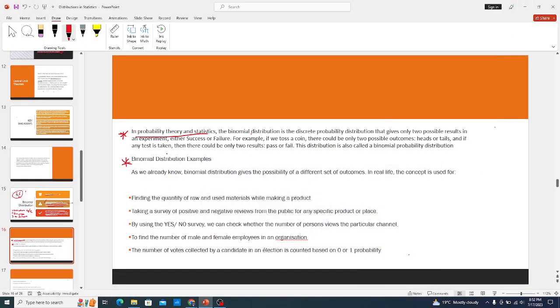Okay, so let's continue. So in probability theory and statistics, the binomial distribution is discrete. Yes, remember I said that we have a uniform distribution. Uniform distribution, it is discrete. We also say that Poisson distribution is also discrete.